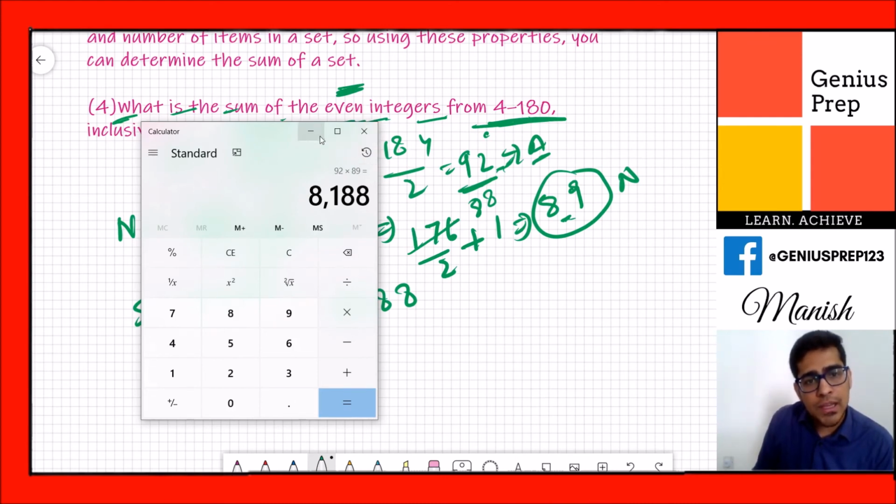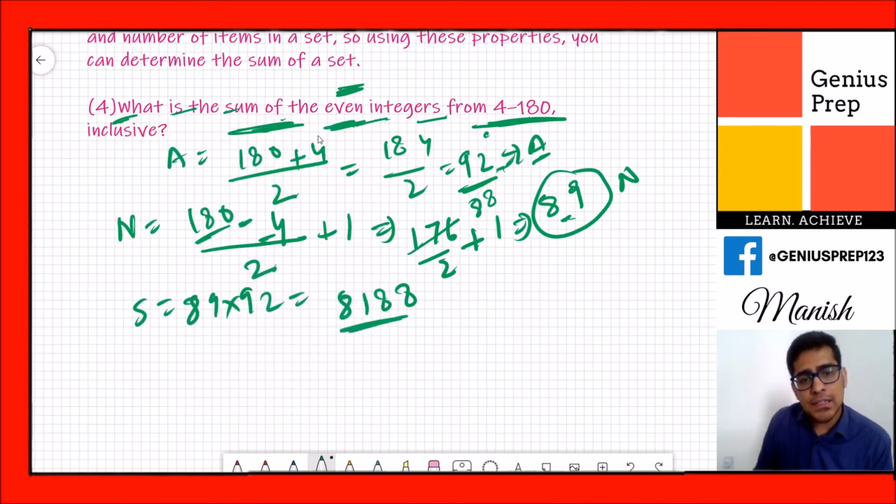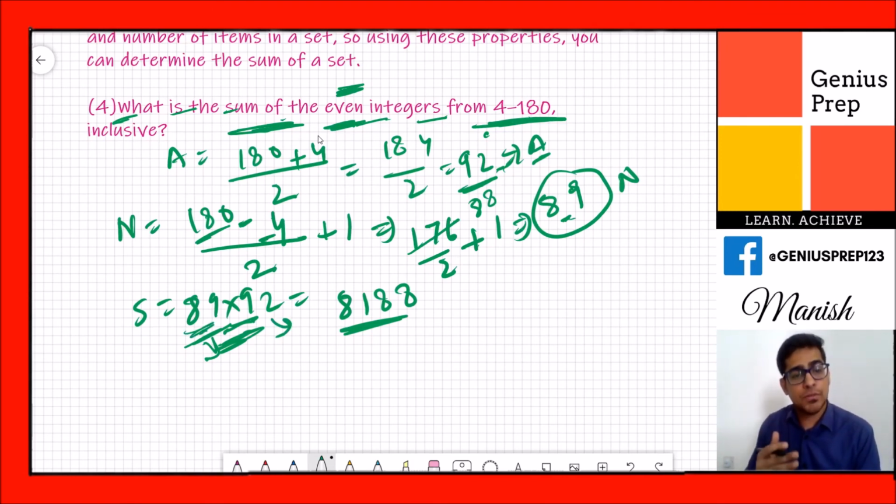Now you must be thinking, how did I get this number without using the calculator? Here's a trick for numbers which are near 100. For that I have already made a video and you can watch it. I will be providing the link in the comment section, and you just click on that. You can learn how to multiply numbers near 100 without using a calculator.